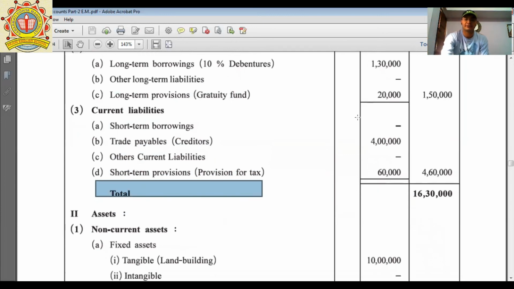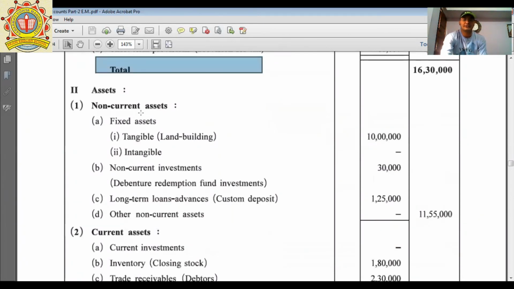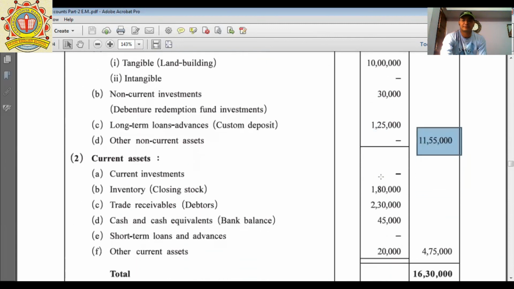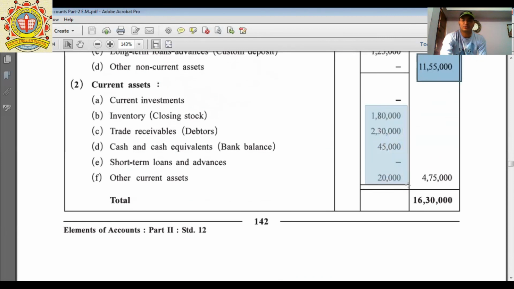Got it? Then under non-current assets, there are fixed assets, non-current investments, long-term loans and advances, and other non-current assets. The total of these is 11 lakh 55,000. Next, current assets, total of these is 4 lakh 75,000. And finally, the grand total of all of these is 16 lakh 30,000.